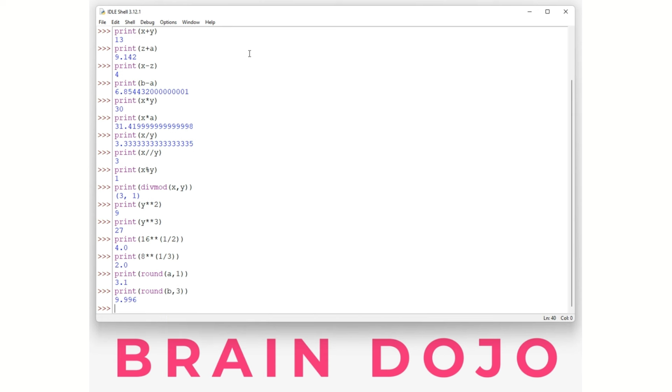So this gives us 9.996. If we round it off to 2 decimal spaces, it gives us 10. And that is what's going to happen if you try rounding it off yourself as well.